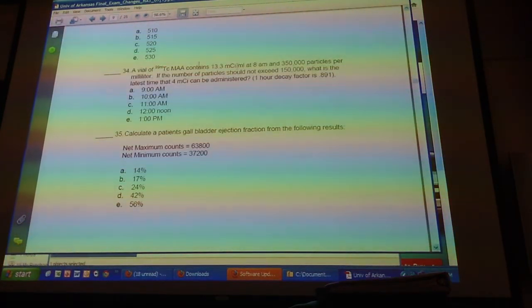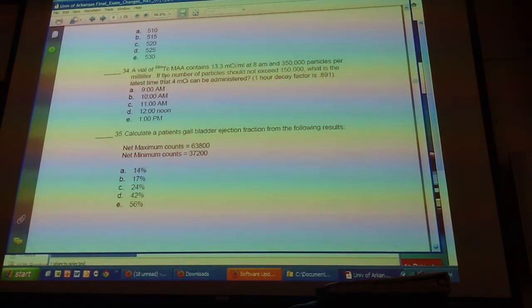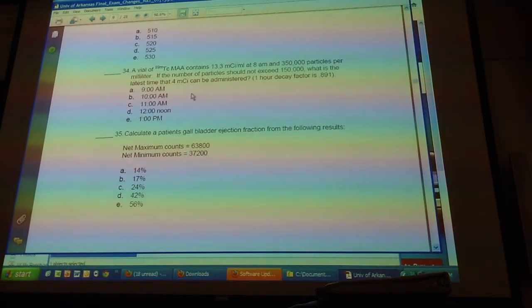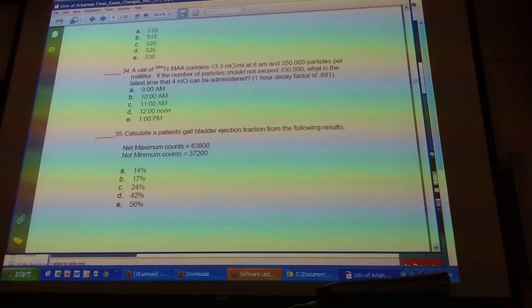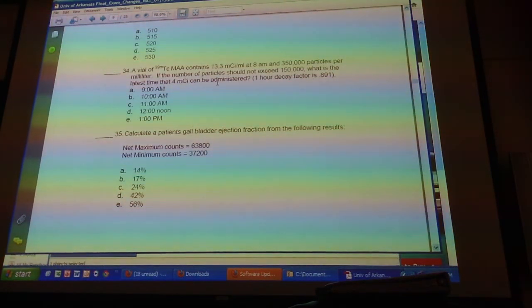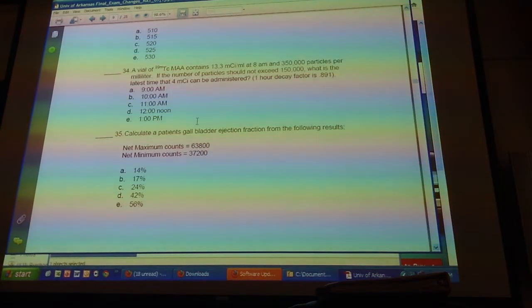This is a really good question here. It says, at what time is the last time that you can inject a patient and not exceed 150,000 particles and give 4 millicuries? Have you figured these out?